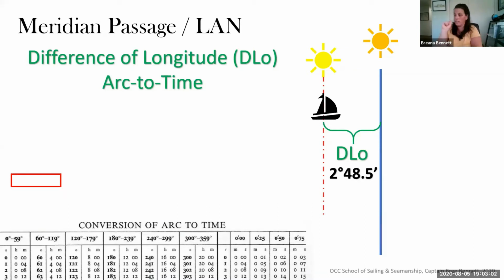So there's a table in the back of our pub that is arc to time. Conversion of arc to time. So go ahead and grab that. Let's see. I'm going to show you on this.